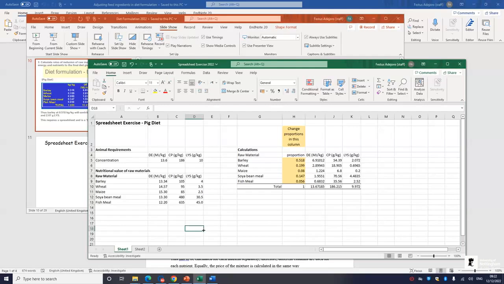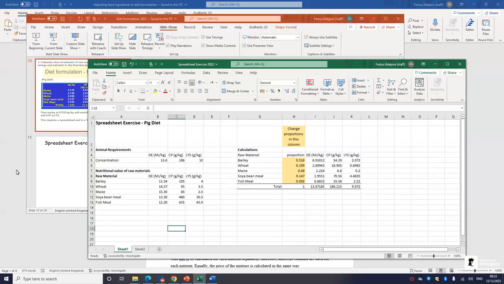So for example, usually in practical livestock feeding, premixes that supply macronutrients and micronutrients and certain minerals are prepared and sold in packs. And the farmer just buys them, or the feed company buys them and adds them to the diet of the animal at a fixed amount or at a fixed inclusion level.